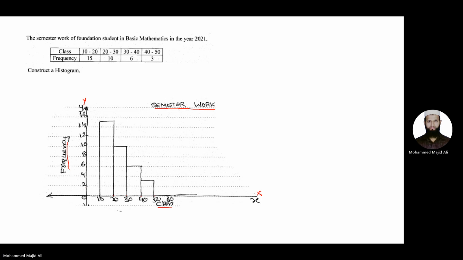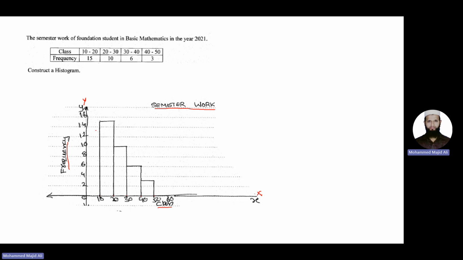Here we have marked the frequency like 0, intervals of 2: 2, 4, 6, 8, 10, 12, 14, and 16. Now here class interval is starting from 10.